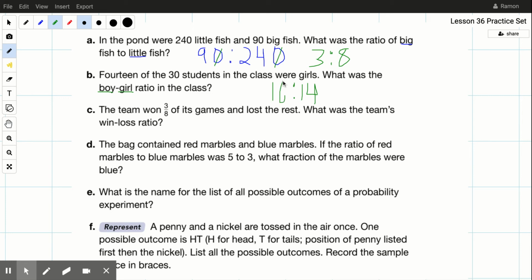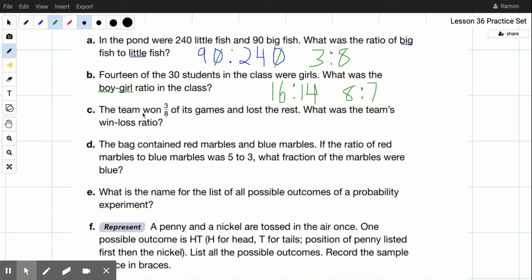In this instance, it is inferred that we have 14 girls and then the rest of them have to be boys because it's a boy-girl ratio. And again, just like if you had a regular fraction, if you can simplify, you do simplify it. So 16 to 14, we divide both by 2, which gives us 8 to 7 for the ratio.